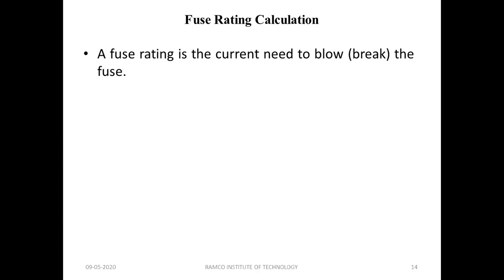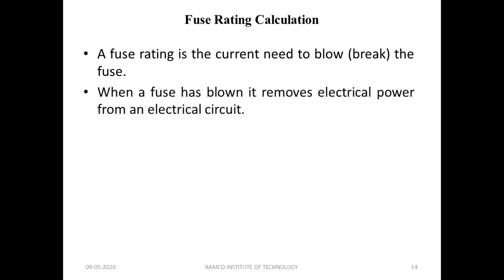For example, if your fuse rating is 5 amps, that means if the current flowing through that particular fuse reaches above 5 amps, your fuse will blow out. That is the fuse rating. It is the maximum threshold value of current that the fuse allows. The fuse can allow 5 amps, above which the fuse will blow out. So that is the current needed to blow out your fuse, right?